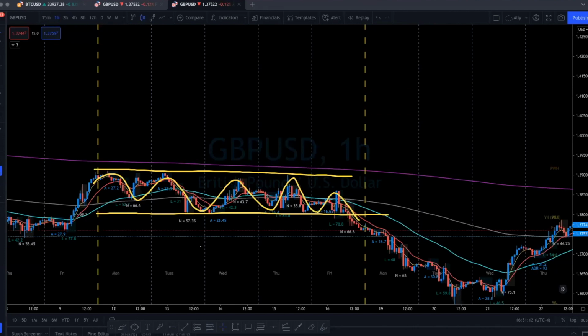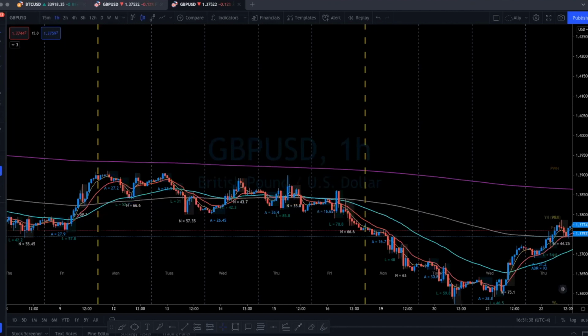Another dead giveaway on accumulation cycles, which is what this is, is the fact that the EMAs are running straight through price. EMAs running straight through price on accumulation cycles is a dead giveaway.